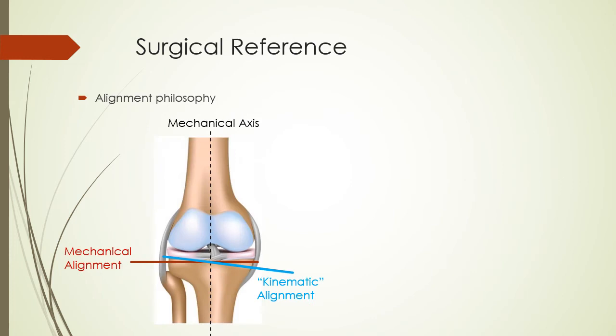From a surgical reference standpoint, we have the mainstream concept right now, mechanical alignment. That means our bony cuts should be perpendicular to the mechanical axis, while we'll also have the kinematic alignment, the new school of thought. Depending on which philosophy we're using, our resultant resection surface may have different size and shape.